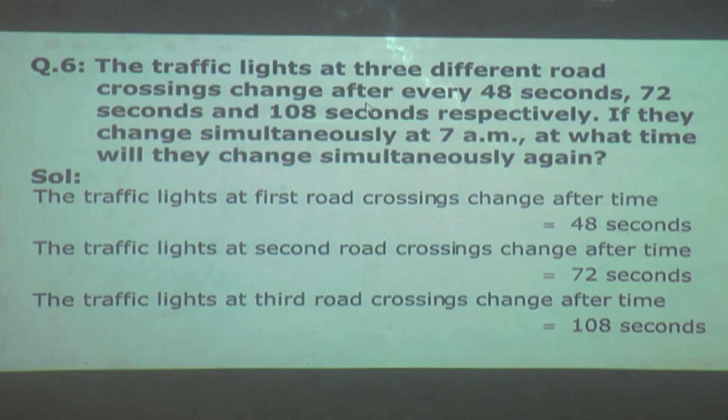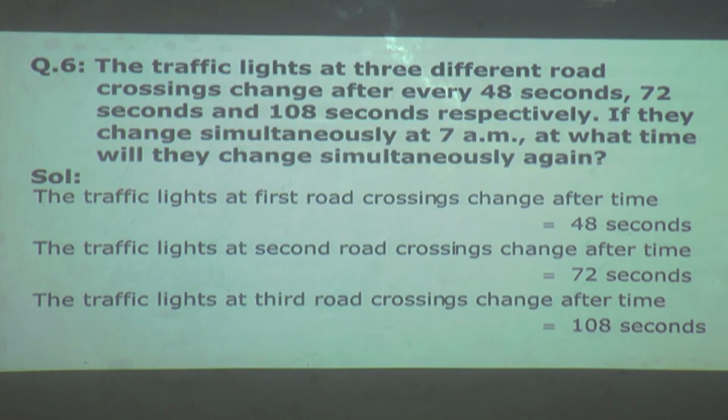The first light will change after every 48 seconds, the second light will change after every 72 seconds and the third light changes after every 108 seconds. So, if they change simultaneously at 7 am, at what time will they change simultaneously again? It means they started changing at 7 am and at what time will they change same again?